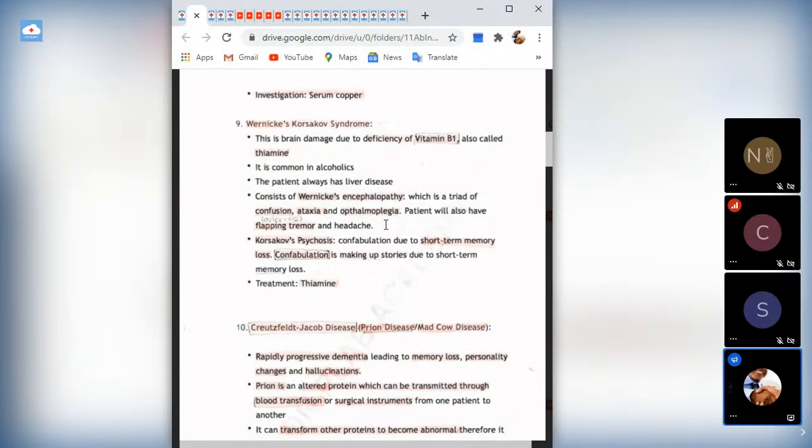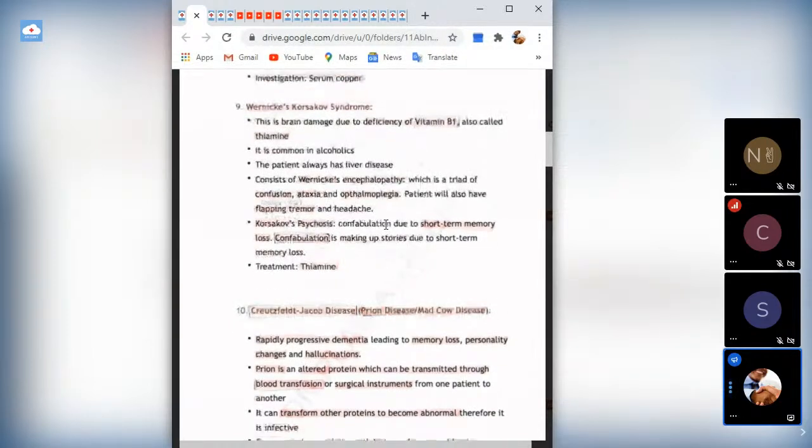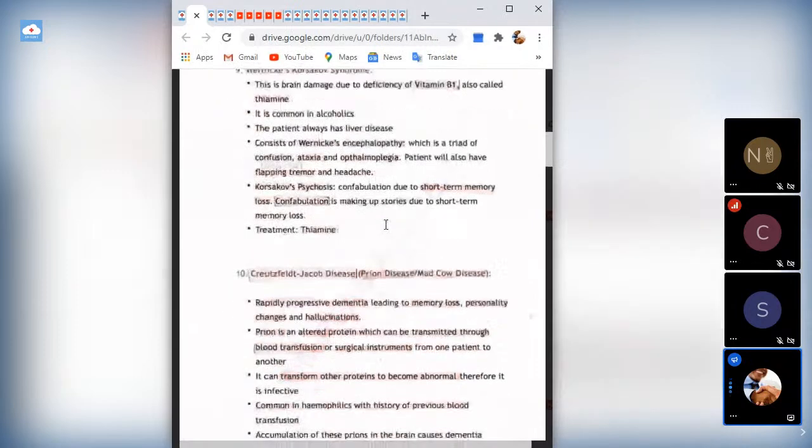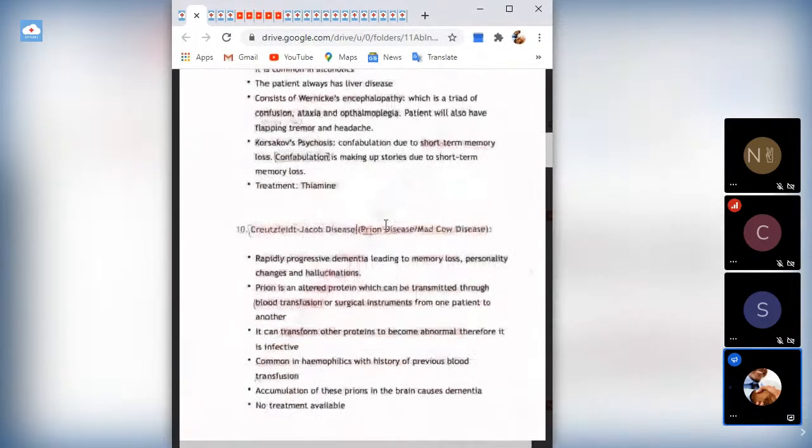He will just, because he doesn't remember the time, he will start saying something else. All right? And that's due to short-term memory loss. So confabulation is making up stories due to short-term memory loss. So treatment essentially, give them thiamine, and they will get better. Right? So it means a very good prognosis, because once you can find the cause, you can reverse it.